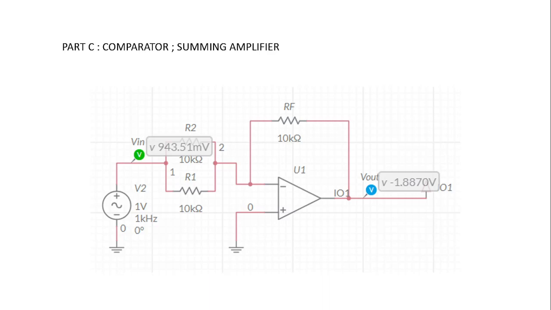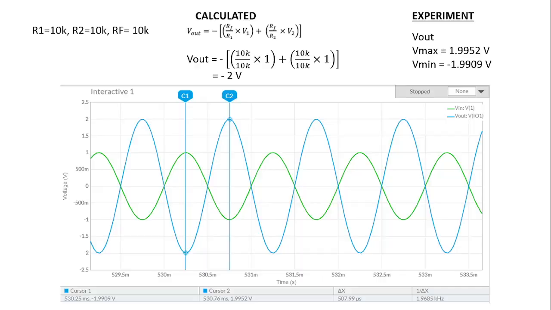In this circuit, we use 1 AC, 3 resistors, and we use an inverting amplifier. So situation 1 is R1 equal to R2 equal to RF equal to 10K.